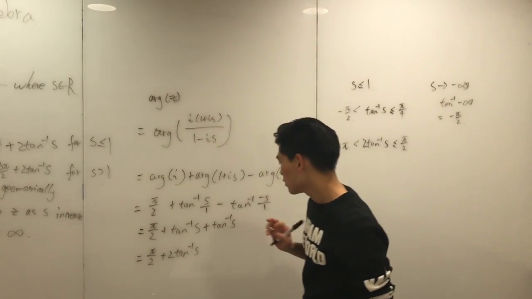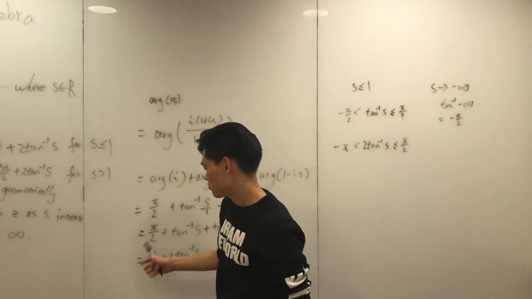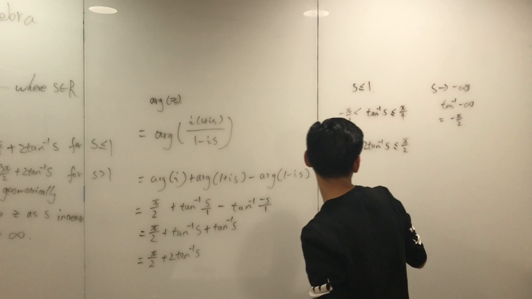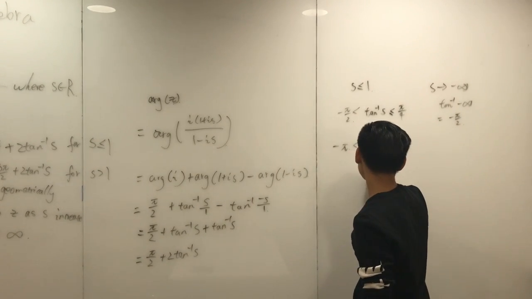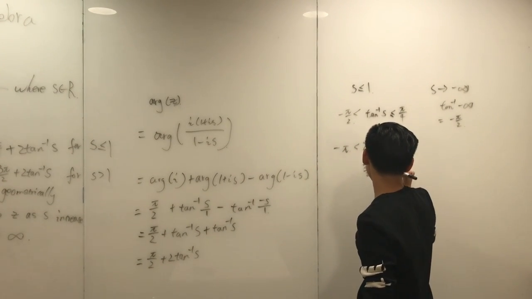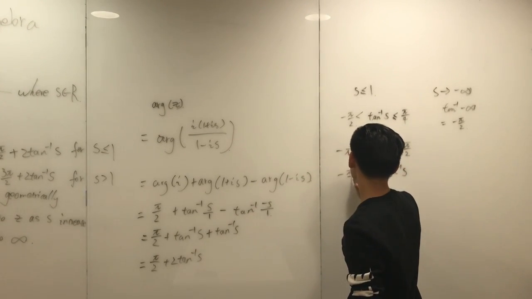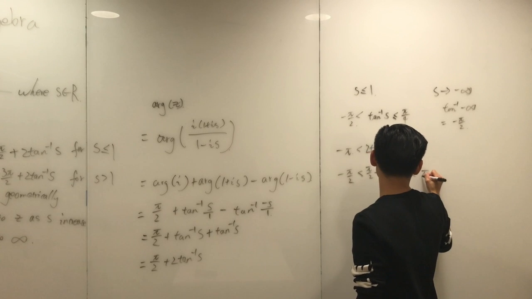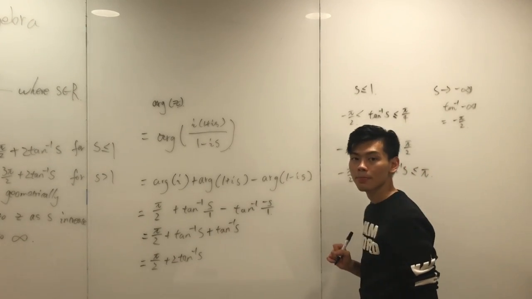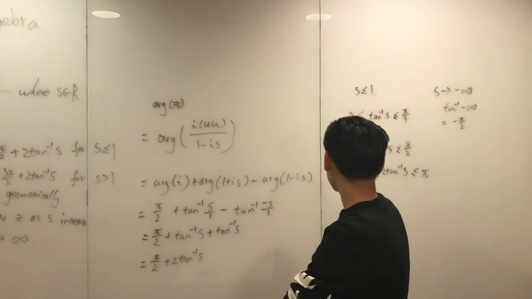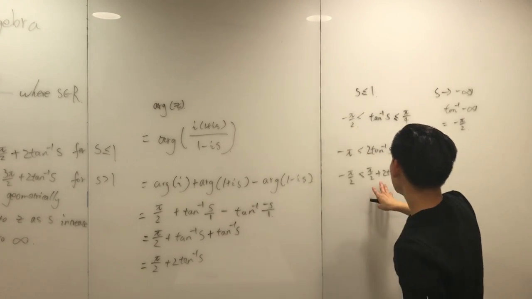Right? Now we just add pi/2. We get pi/2 plus 2 inverse tan s is bigger than negative pi/2 and less than pi. Right? Now let's look at this range.